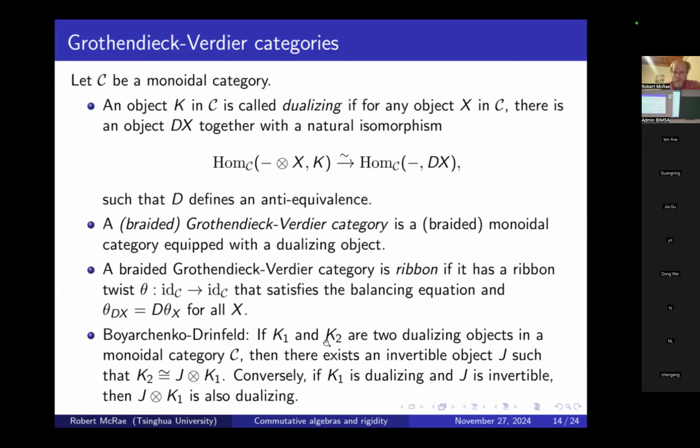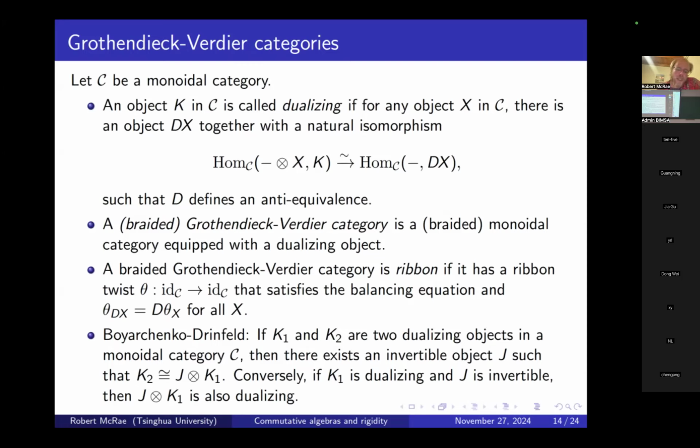So if you have any two different possibly dualizing objects in a category, which would give you two different functors D1 and D2, then there exists an invertible object J in the category such that K2 is J tensored with K1. And conversely, if K1 is a dualizing object and J is invertible, then J tensor K1 is another dualizing object. So it tells you that dualizing objects are a torsor over, I guess, the Picard group of the category or something like that, the group of invertible objects in the category.